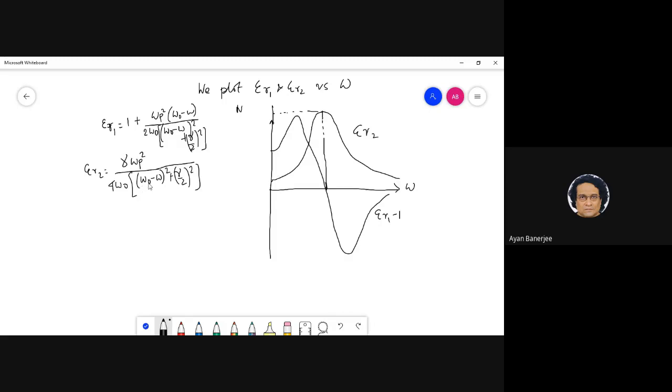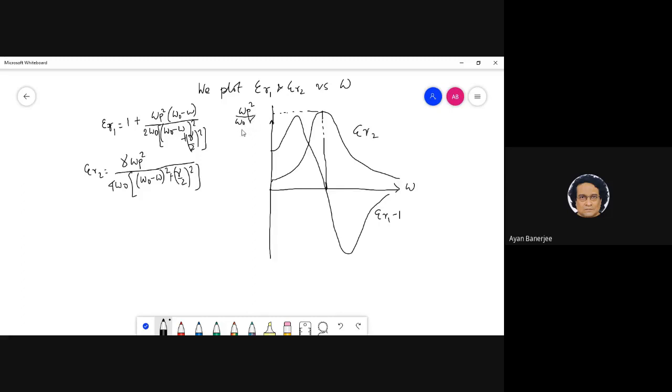But at this omega 0 equal to omega, this term is 0, and this is gamma by 2, so gamma square by 4. The 4 cancels, so gamma also cancels. Gamma is there in the denominator, right? So we will get omega p square by omega 0 gamma.